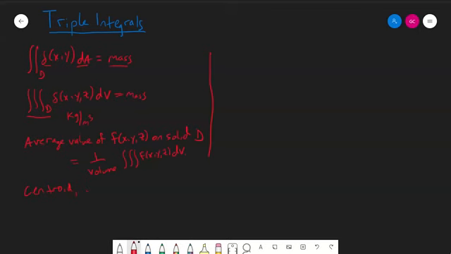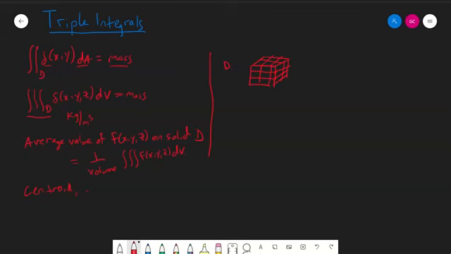At this point, we kind of have an idea that if your region D, for example, is a box, that what you would like to do is sort of split that box up into a bunch of little sub-boxes. Sort of sketch that out here. So you've sort of split it up now into a bunch of sub-boxes.